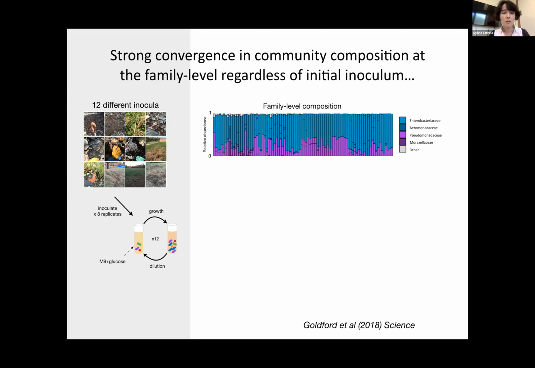And what we can clearly see is that there is a strong convergence in community composition at the family level, regardless of the initial inoculum. And also most communities adopt similar ratios of the 2 dominant families, the Enterobacteriaceae and Pseudomonadaceae.